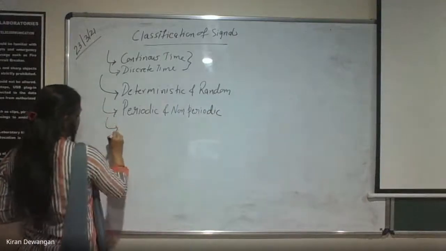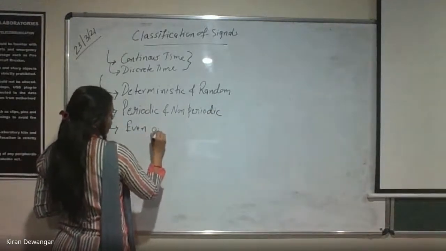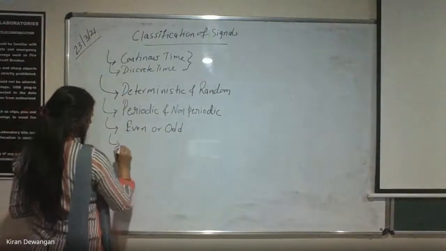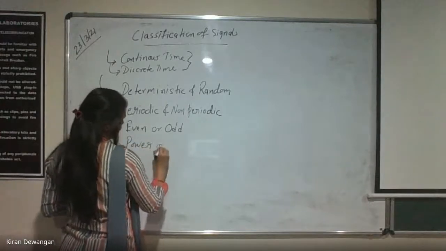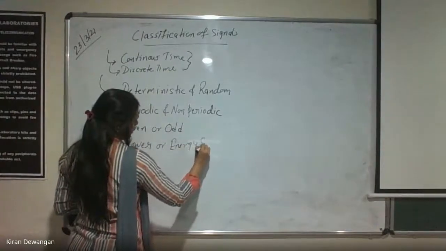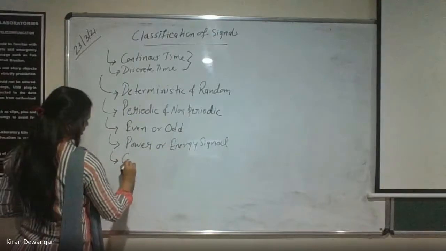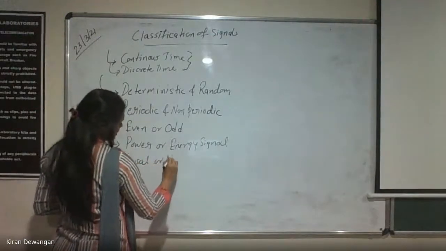And third one is even or odd signal. Fourth is power or energy signal. Then the last one is causal or non-causal.